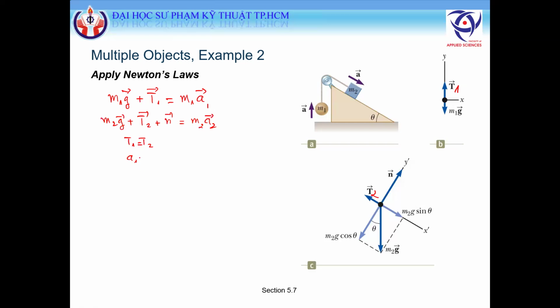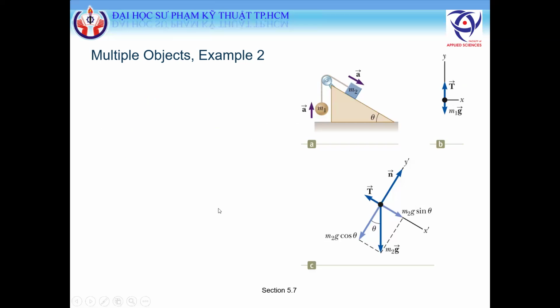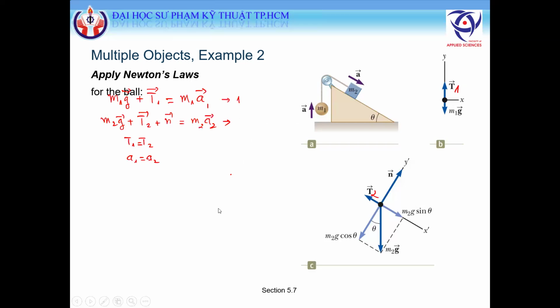The magnitude of A1 and A2 will be the same, right? So we have equations. For this one, we get only one equation. For this one, we have two dimensions, so we have two equations. So in general, we have enough equations to solve, right?